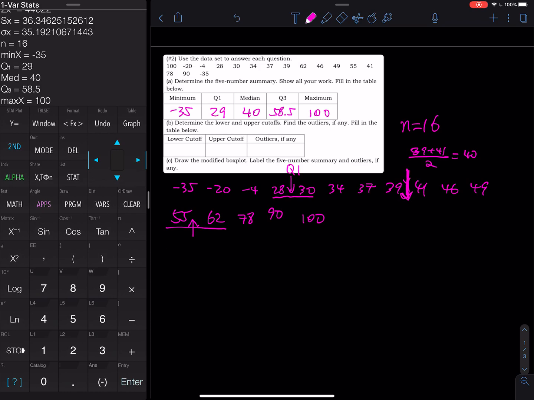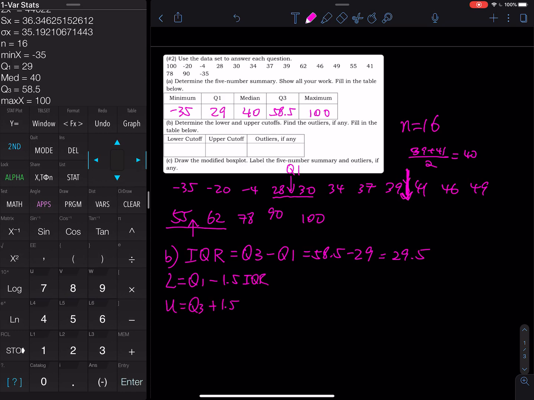So for part B, to do lower and upper cutoff, first we need to get the interquartile range, IQR, that is Q3 minus Q1, which is 58.5 minus 29, that equals 29.5. And then the lower cutoff is Q1 minus 1.5 times IQR. And then the upper cutoff is Q3 plus 1.5 times IQR.